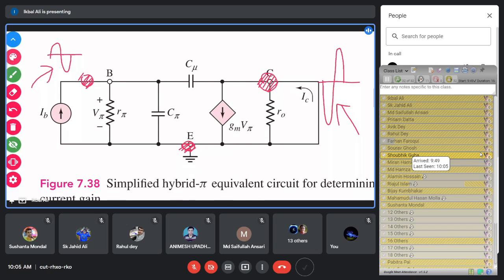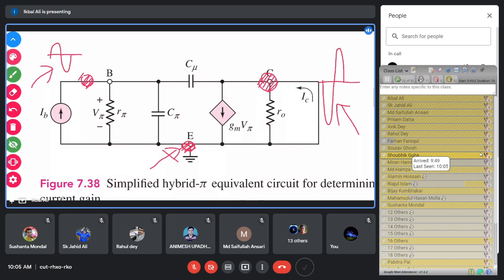That means with respect to this emitter terminal, you are giving the input signal, and with respect to this emitter terminal, you are getting the output signal. And between these three terminals, base, emitter and collector, you have the equivalent circuit of the transistor.